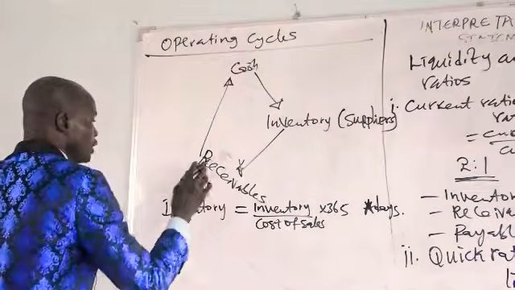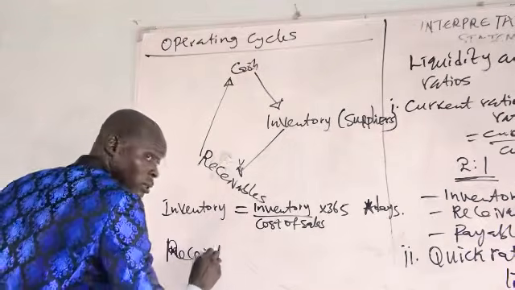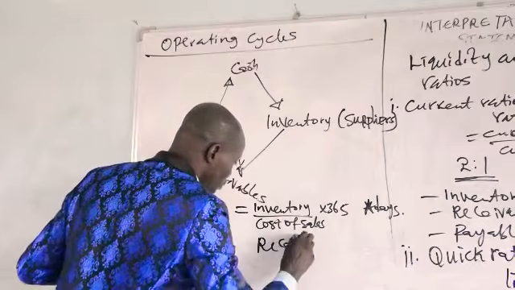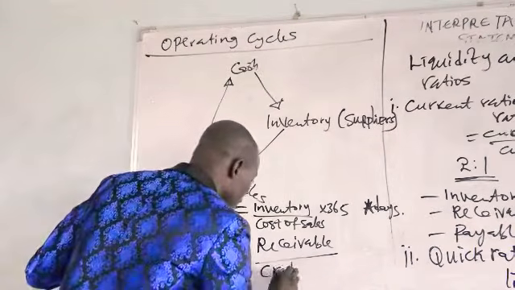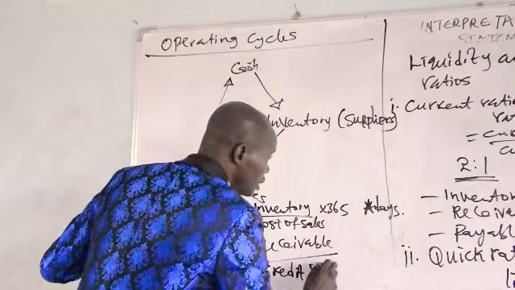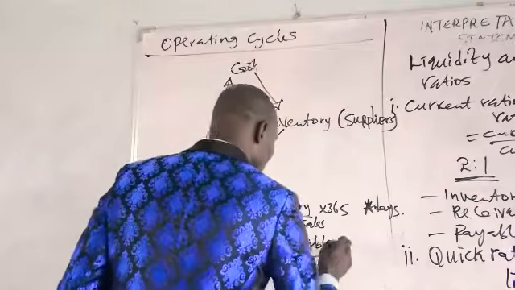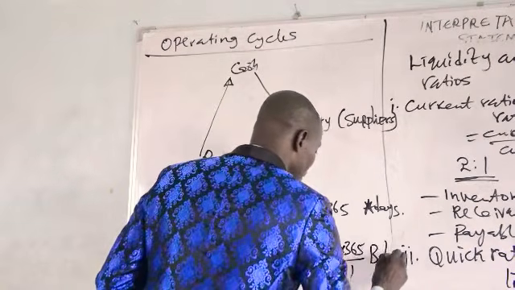Then you compute the receivable collection period. That will be receivables over credit sales, or credit revenue, times 365. You have, let me say, B days.